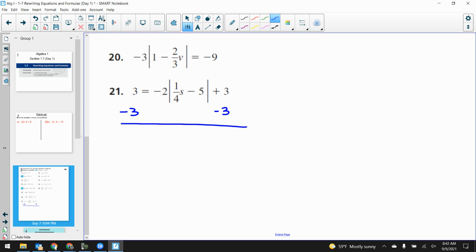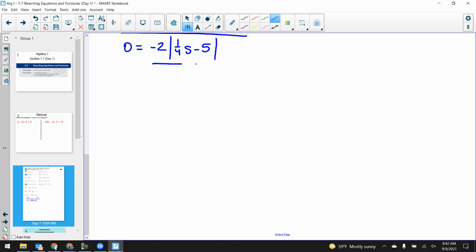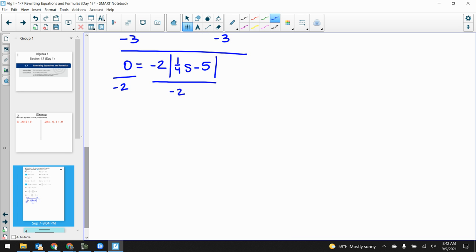When I move this 3 over to the left side by subtraction, I get a 0 over here. Sorry, my S's look like 5s. Now, I'm going to divide by -2 over to the other side. 0 divided by -2 is 0.